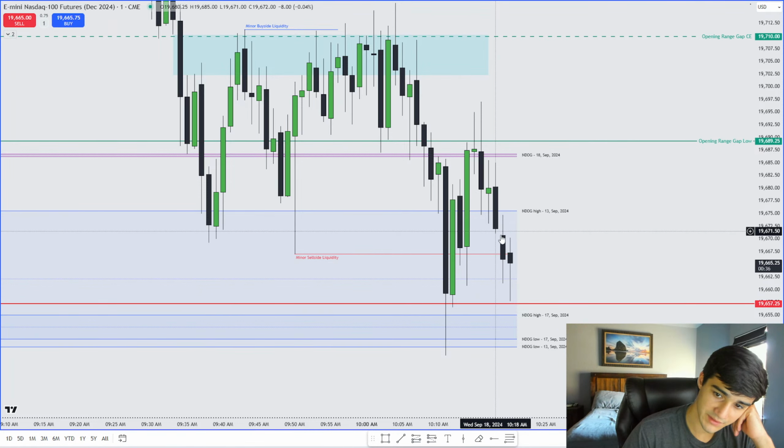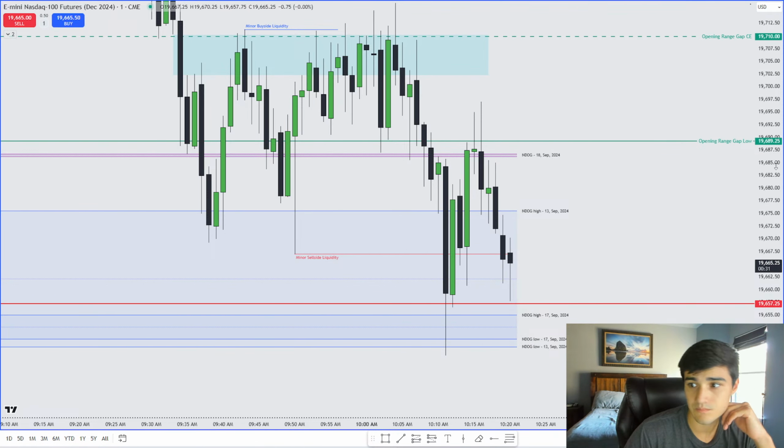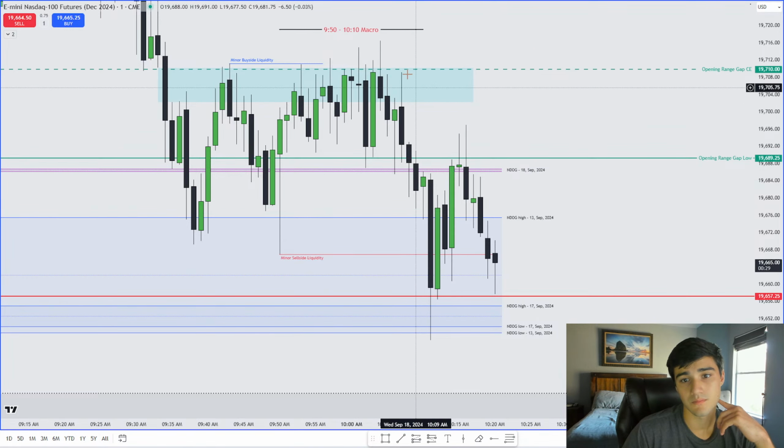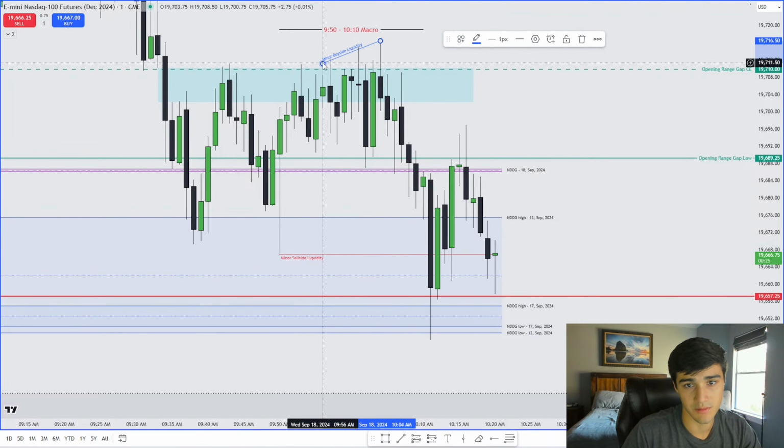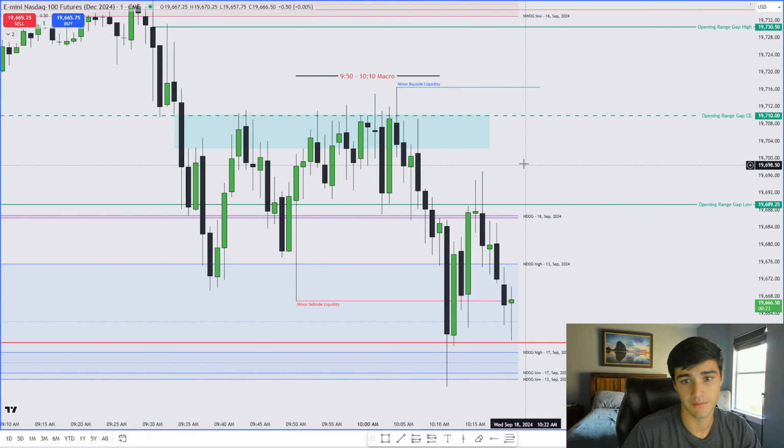We have volume imbalance here that I could reach into. These are relative equal highs. So here's new minor buy side liquidity pool. There you go.